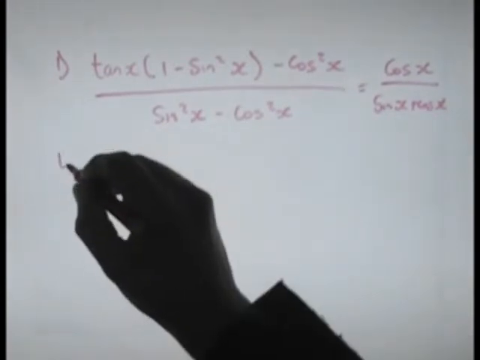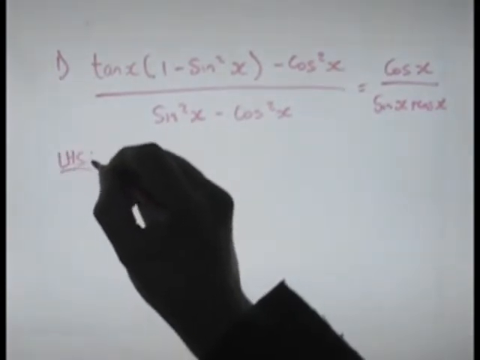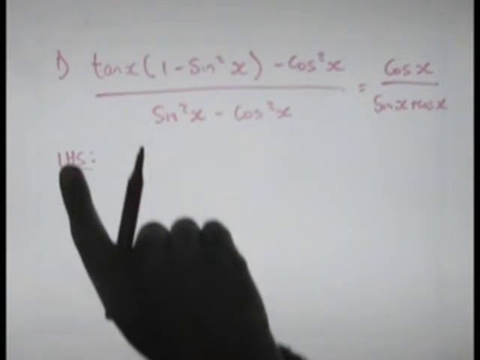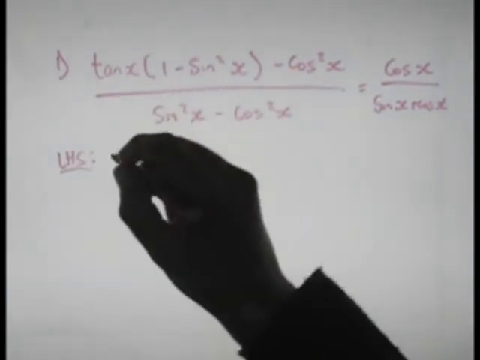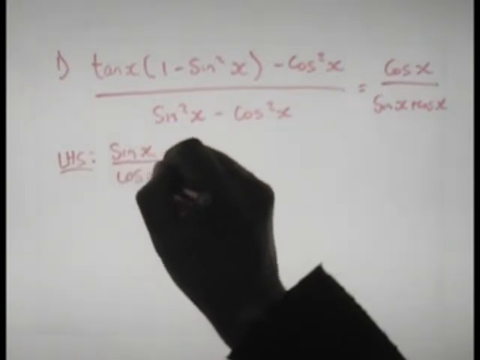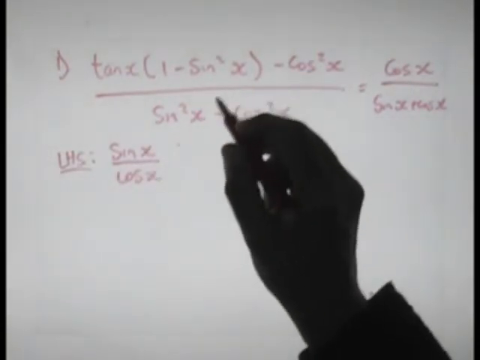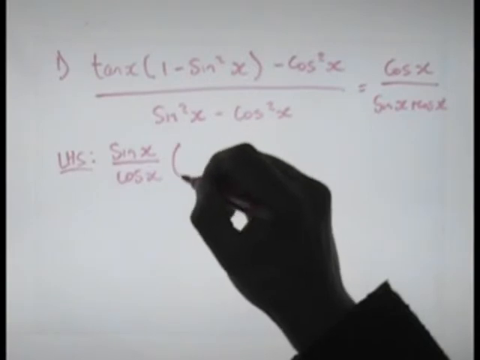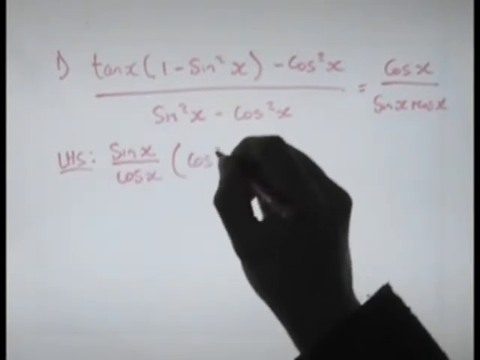This one here, again, I'm going to have to start on the left hand side. tan x is equal to sine x over cos x. 1 minus sine squared x is equal to cos squared x.